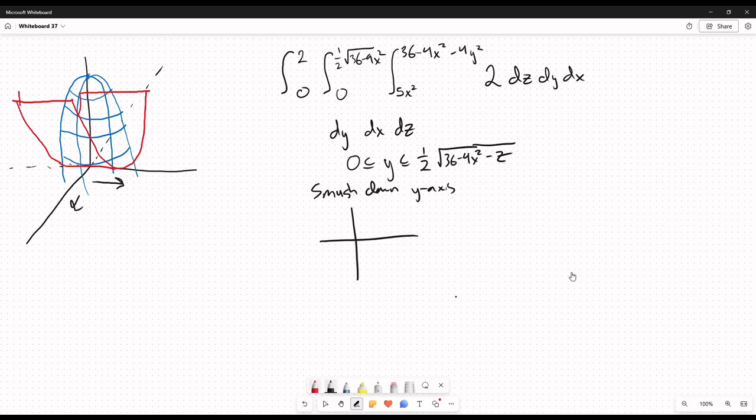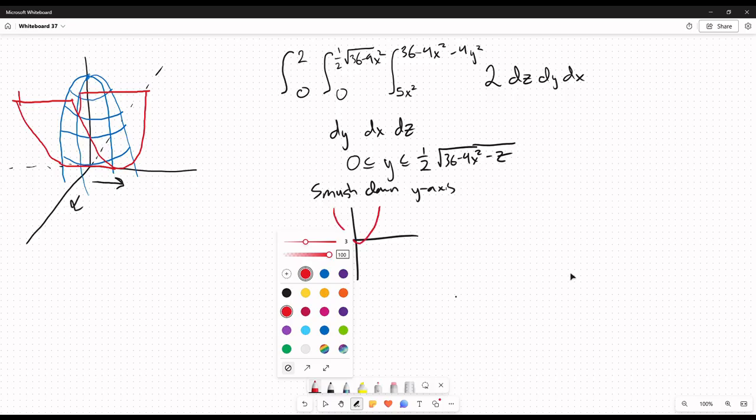And I'm going to write something and then I'm going to have to erase some things, but I'll write it for now. It was easy enough to figure out that this shape on the bottom was z equals 5x squared.